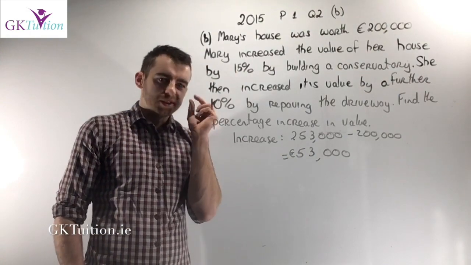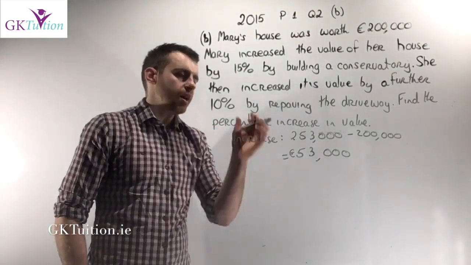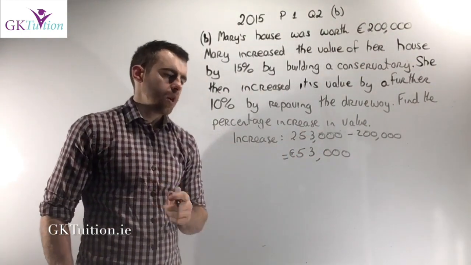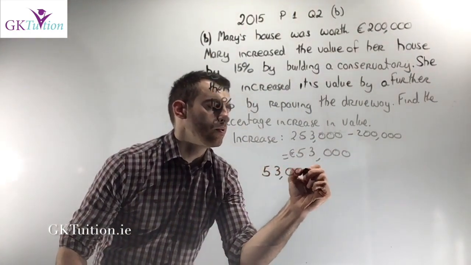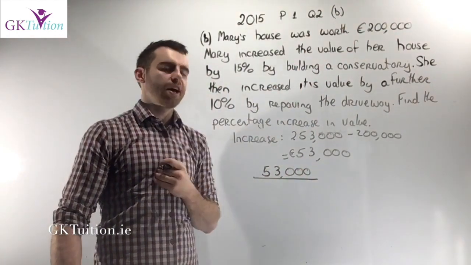And remember, to get the percentage increase, we did it in a previous question: percentage increase is the increase over the original price of the house. So to work out the percentage increase in this case, it's the 53,000, which is how much it has increased by, divided by the original price of the house.